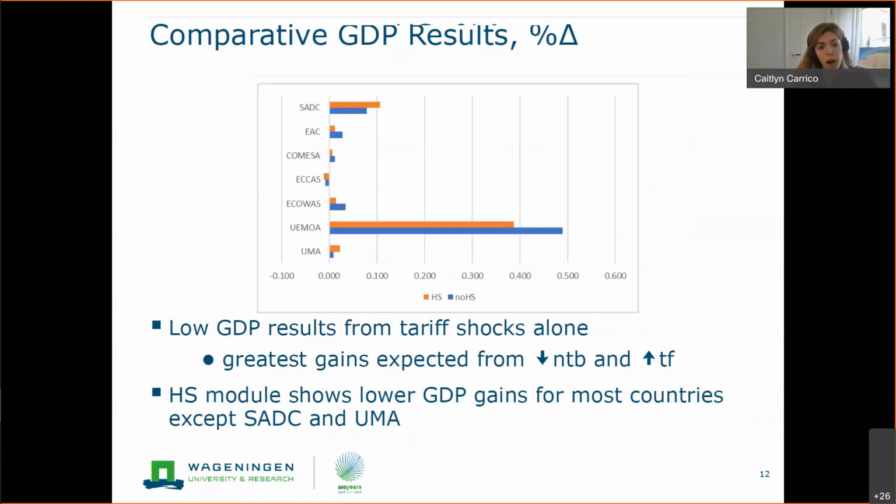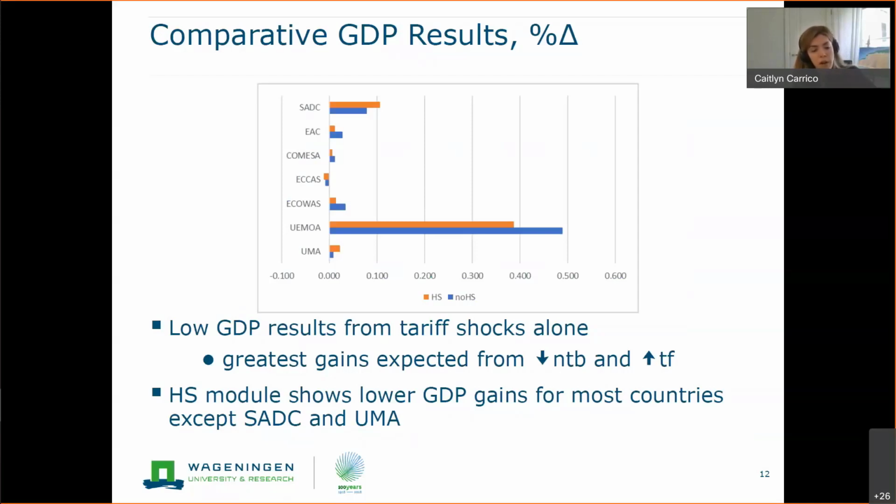Okay, so now I'm going to talk about the comparative macroeconomic results in terms of GDP results. So we see that for the most part, the GDP results, again, we're looking at tariff shocks alone, across the board, are relatively muted because the highest shocks are less than 0.5%. And again, this also has a bit to do with what we're looking at.